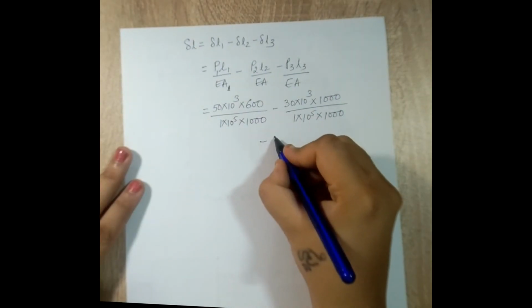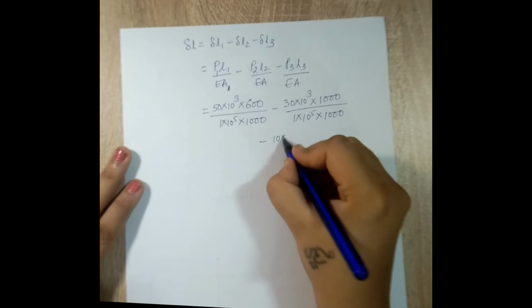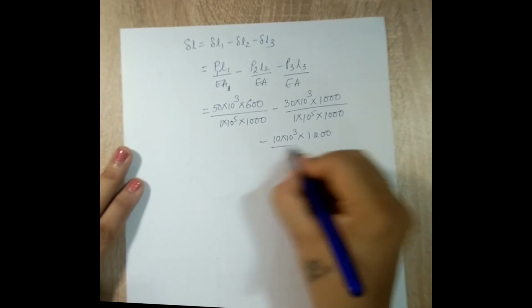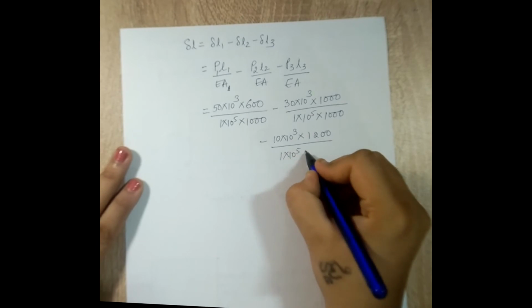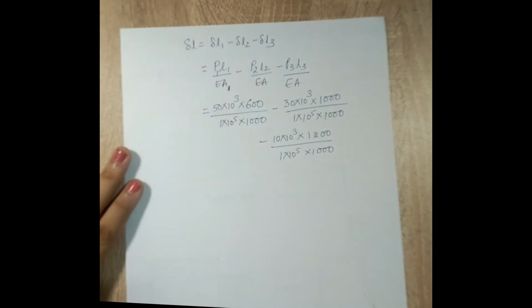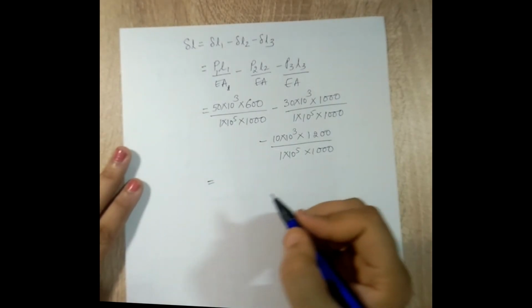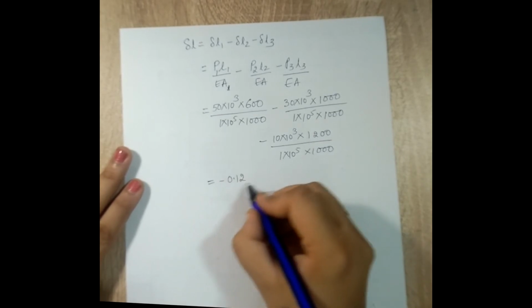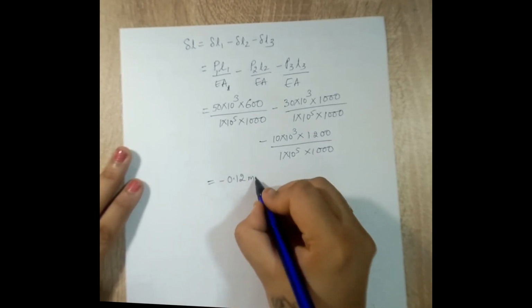Minus P3 value is 10 into 10 raised to 3. The length is 1200. Divide by 1 into 10 raised to 5 into 1000. You can also take up E and A common and you can solve. After substituting on the calculator, I get the value of delta L as minus 0.12 mm.